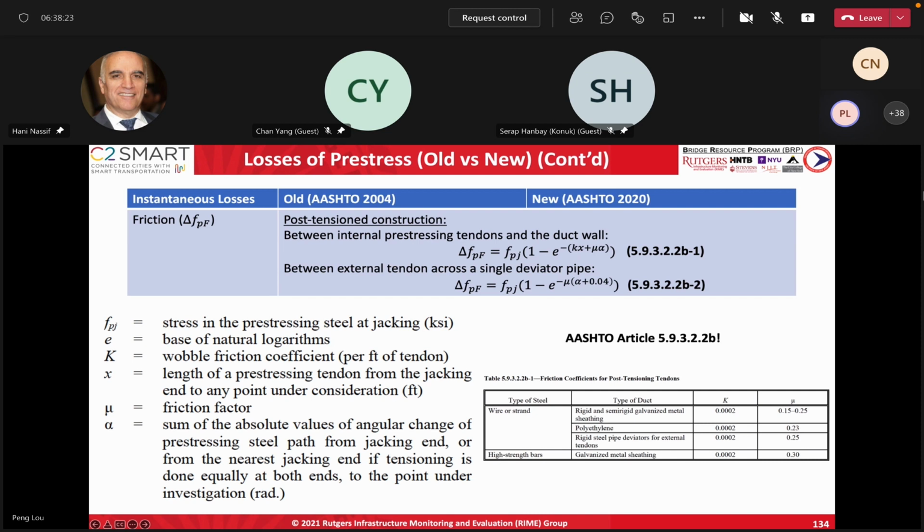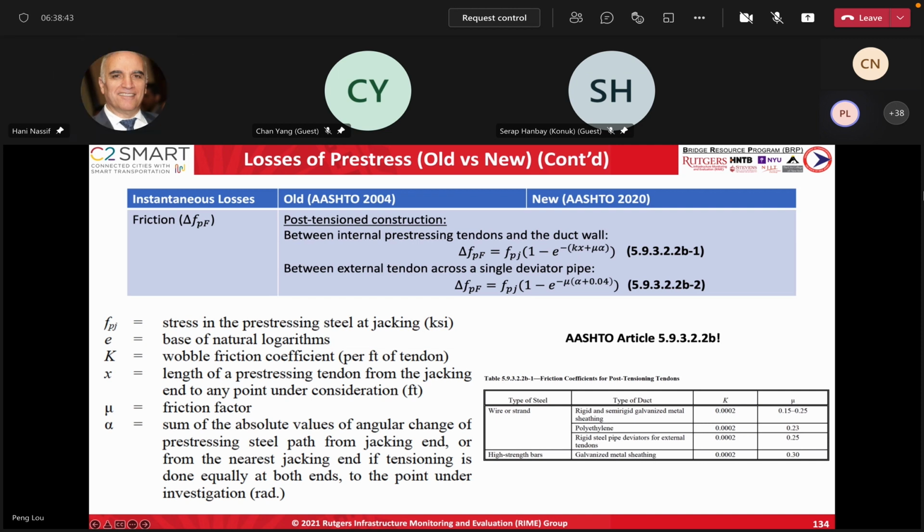So I'm not gonna go into it, although I put all those notations here, because this chapter has really a lot of details. For those who are interested, I put the article number here so that you could go into the AASHTO LRFD to get more knowledge about these equations.